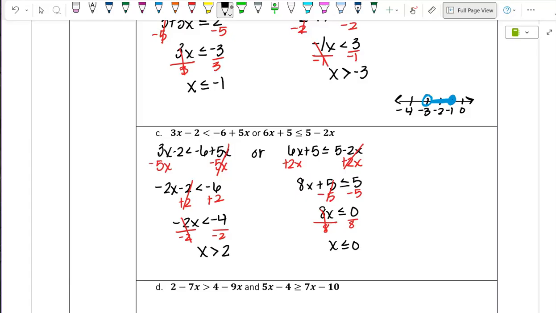Again, this is an OR problem, so we're expecting these two to graph away from each other.